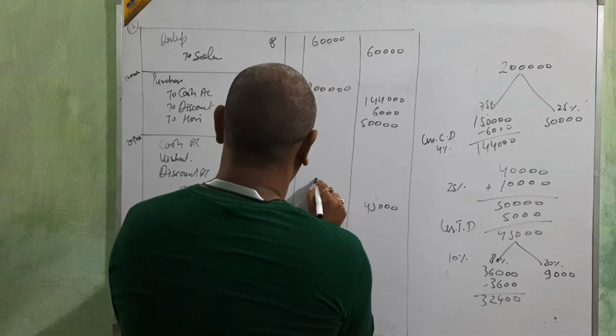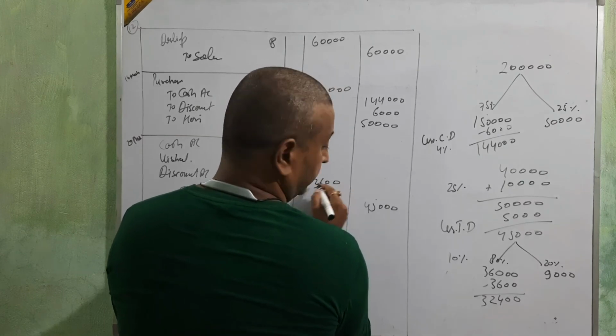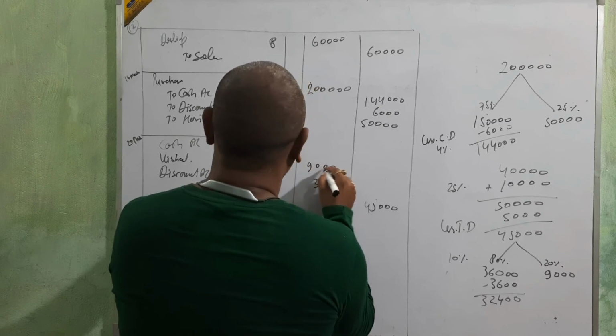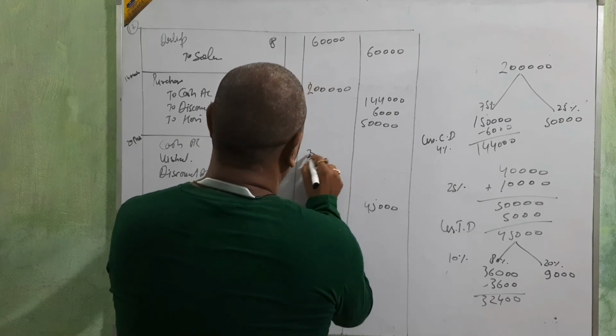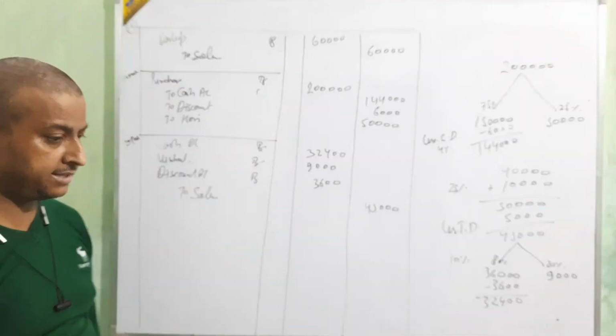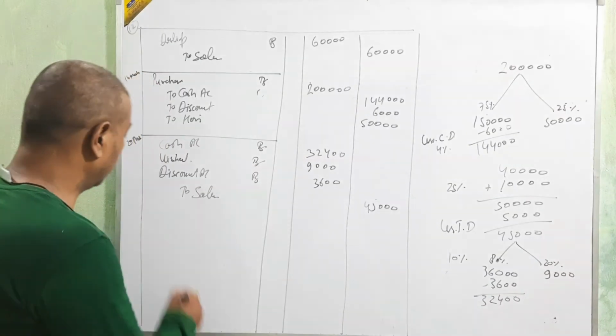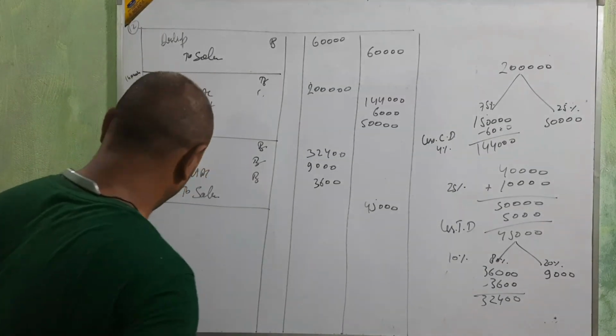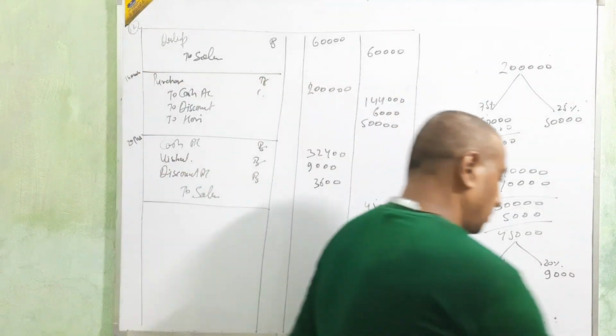Discount amount is 3,600, 9,000 and 32,400. Okay, clear? Anything else? How many are left? Last one.